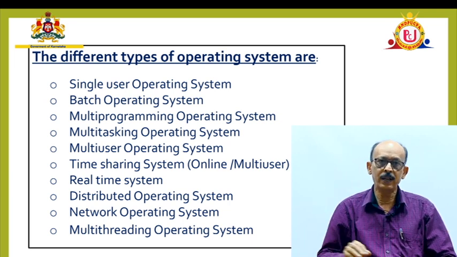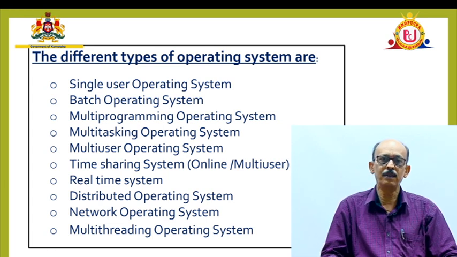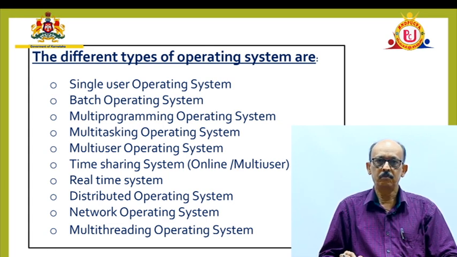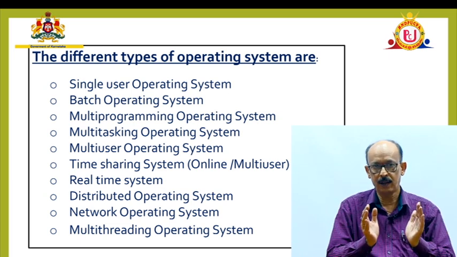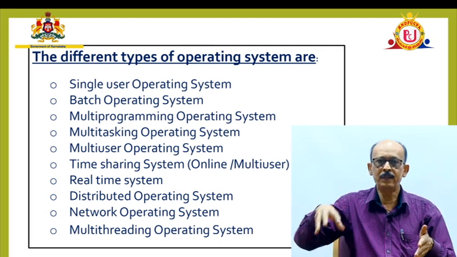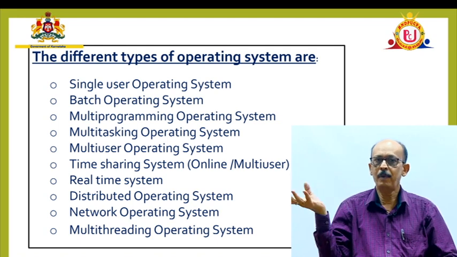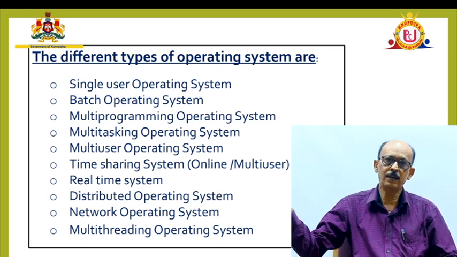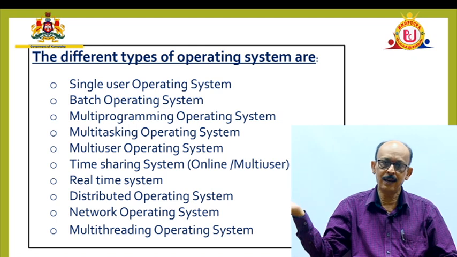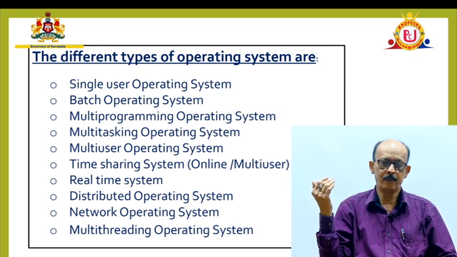You are taking a printout here, downloading something here, operating the keyboard, using the mouse. Multi-user: many users are there for the same computer, each with their own input and output devices, maybe a monitor, keyboard and mouse, and sometimes a processor too. Let's see what those types are later.